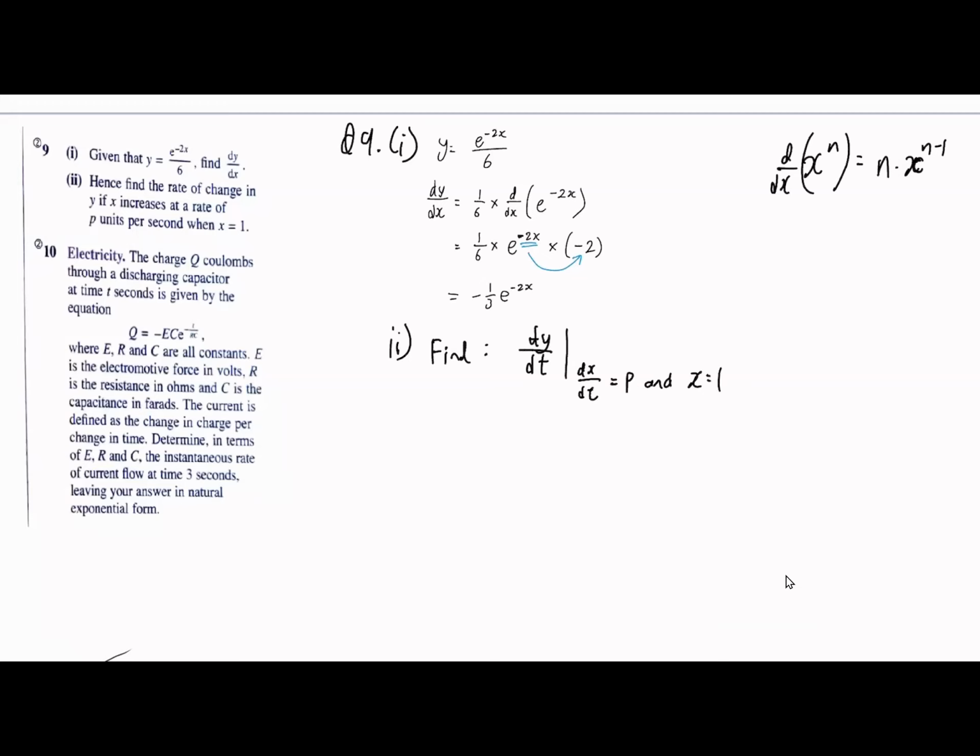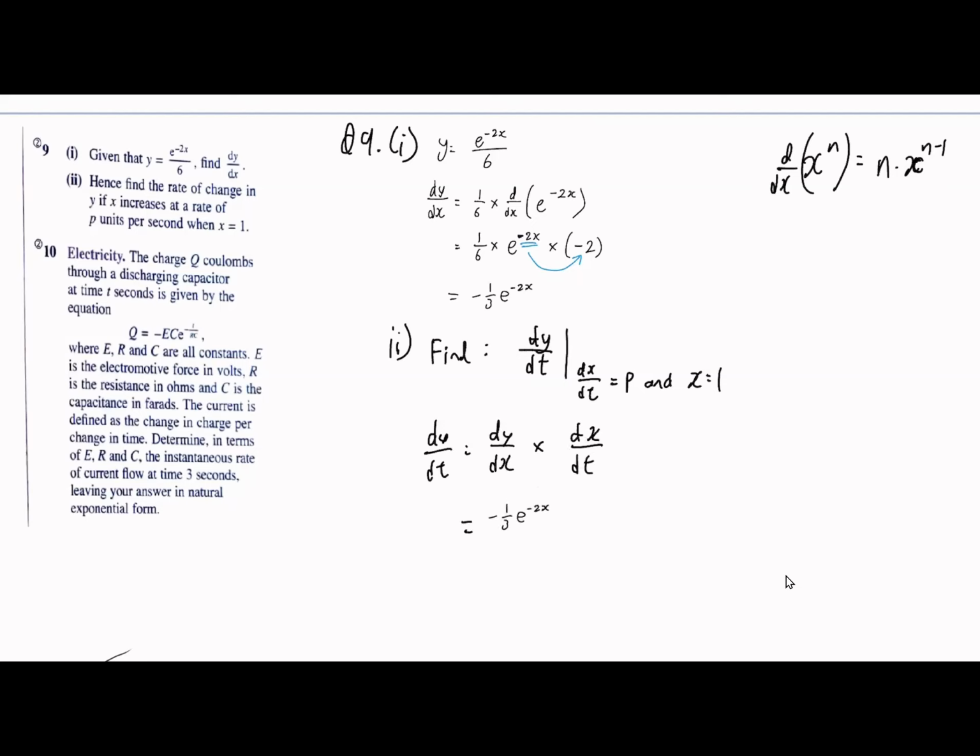Dy over dt equals dy over dx times dx over dt. Good. Then you have dy over dx from part one, and then they give dx over dt equals to p.